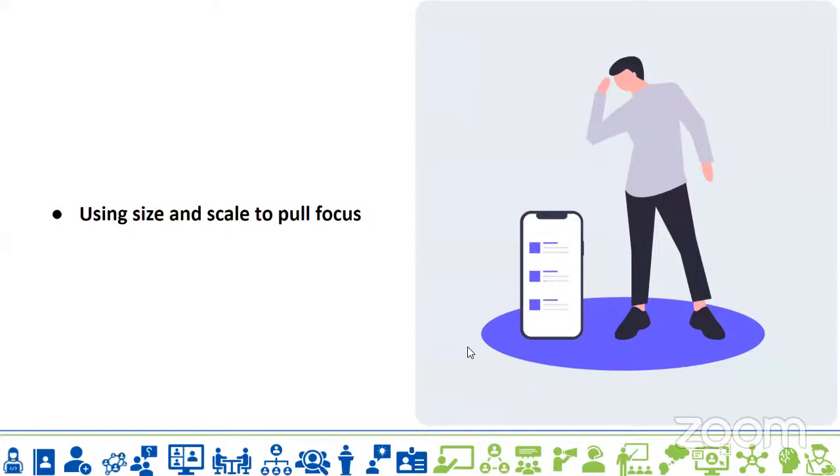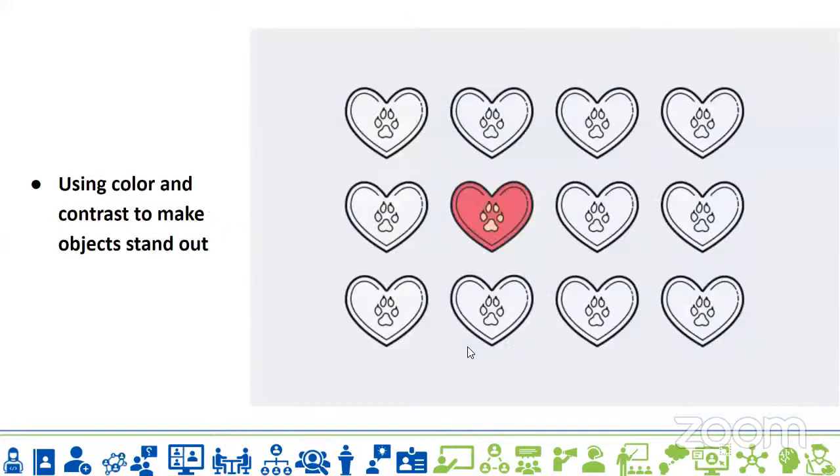Now we're going to move into the next one: using color and contrast to make objects stand out. So already we've seen the particular element here that is popping out, the element that stood out.